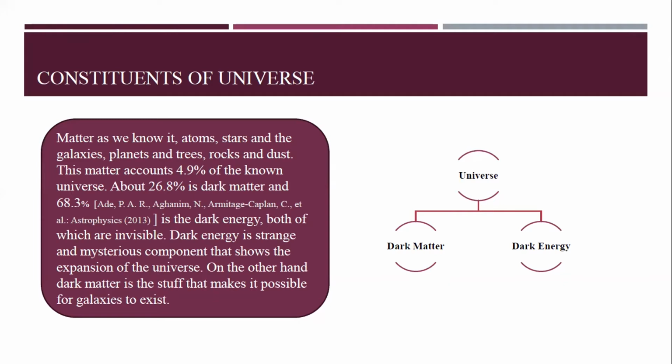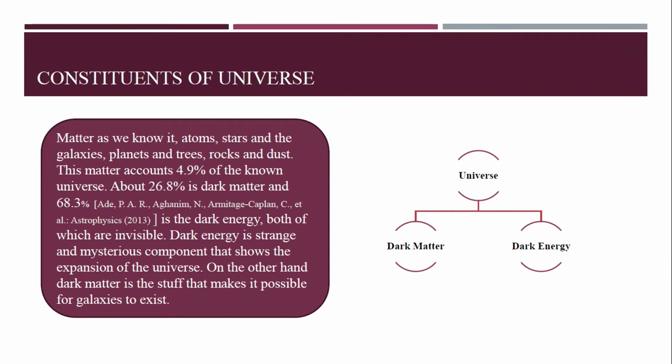The other 26.8% is invisible matter, which also exists in the universe, but it cannot be detected directly, and it can be detected through the effects of dark matter on visible matter. This idea was proposed by Zwicky in 1930 to explain the dark matter, which is invisible, existing in stars, galaxies, etc.